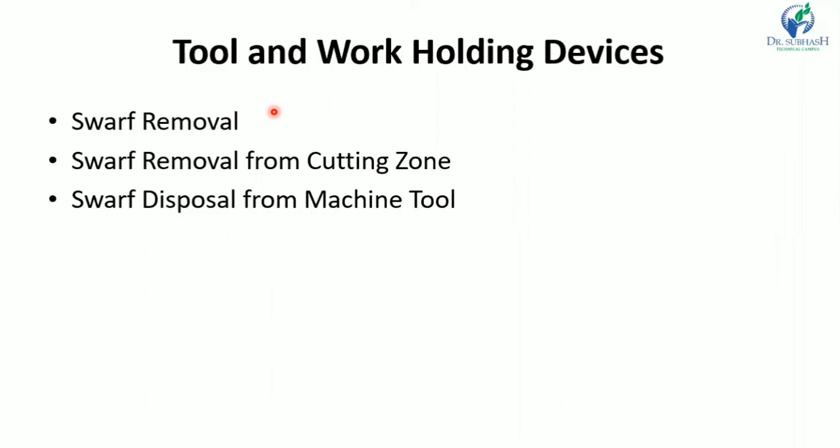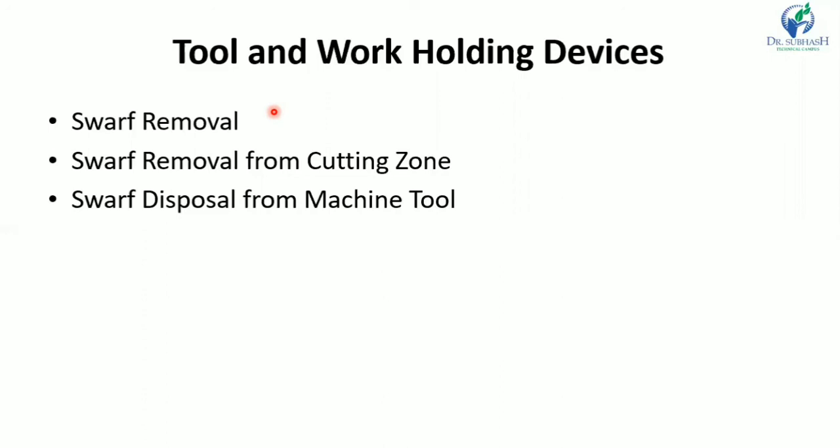Also, the swarf cannot be allowed to accumulate at the machine tool because it may hamper access to the machine tool. In addition, some auxiliary functions like automatic component loading or automatic tool change may also be affected by this accumulation of swarf.